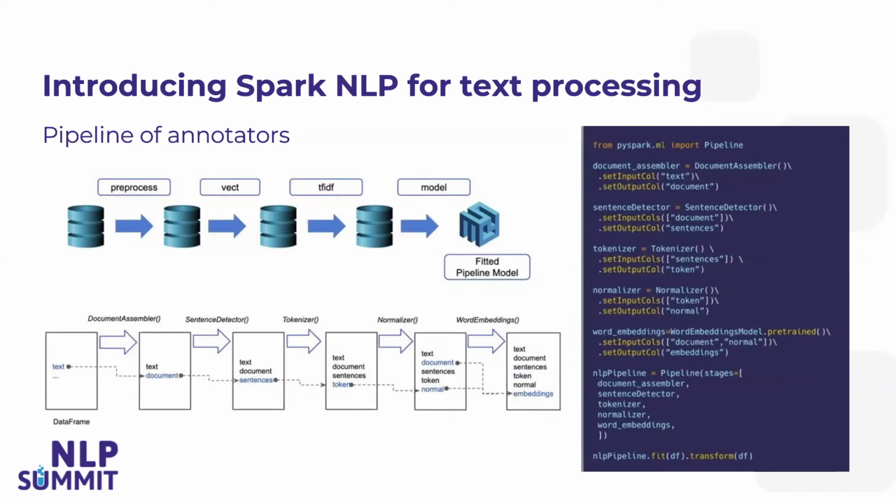It's the document assembler, then sentence detector, tokenizer, where we split the sentences into words, normalizer if we need it, and then we use different word embeddings. It can be pre-trained embeddings for clinical data, specialized in the domain, or general word embeddings like GloVe or BERT, or it also can be custom embeddings if the text is very specific and requires personalized embedding training.